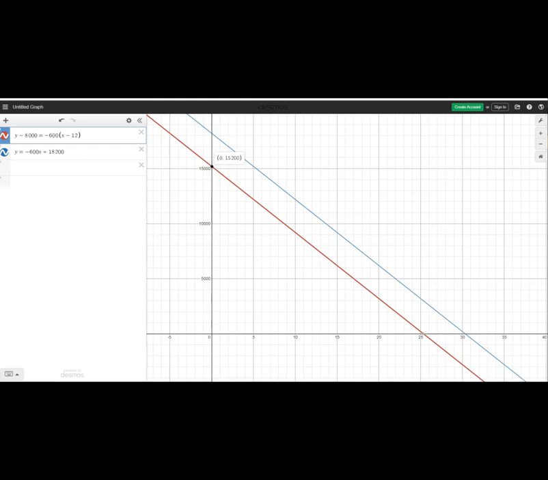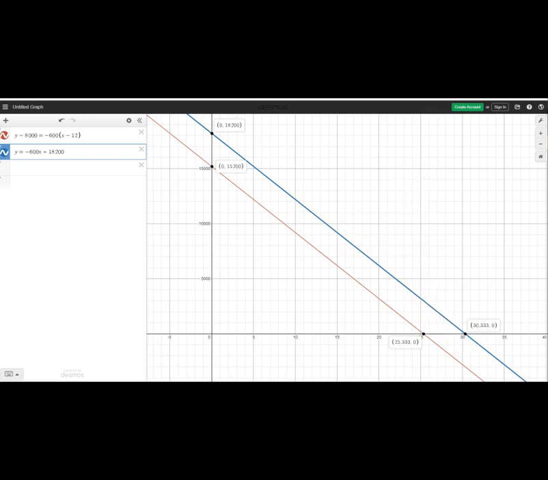So we can see here, this is the equation 1, the original equation. It has a y-intercept of 15,200. The second one has a y-intercept of 18,200. And then the x-intercepts, which represent how many hours it's going to take to completely drain the pools, are 25.33 for the original equation and 30.33 for the transformed equation.